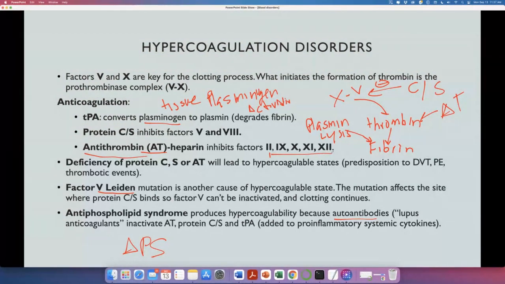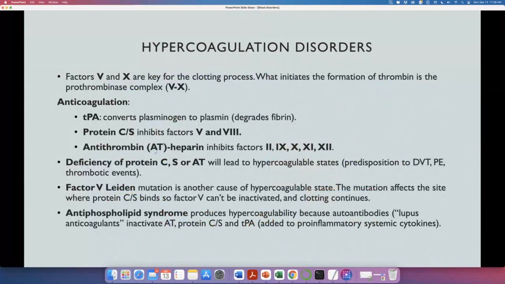Now, what is factor 5 Leiden? Okay, factor 5 Leiden. Remember we mentioned before that protein C and S inhibit factor 5. This is factor 5. Protein C and S form a complex, and they have to be together, and they have to bind to factor 5 to inhibit it.